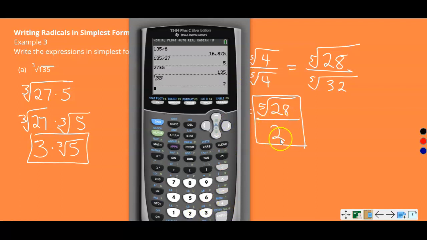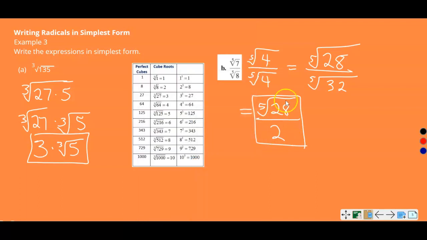Now, 28 is 4 times 7. 7 is just 7, but 4 is 2 times 2. There's nothing that can be broken down here in order to pull anything out of your 5th root. So this will just stay the 5th root of 28 divided by 2.